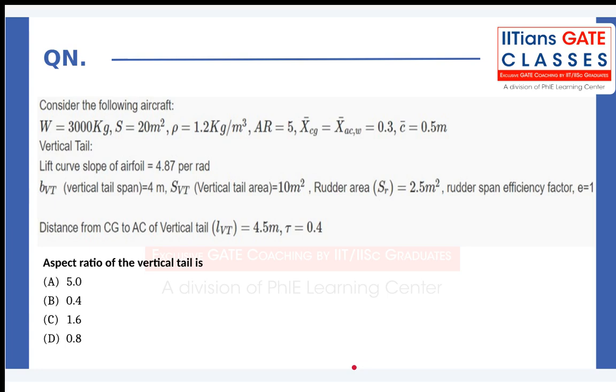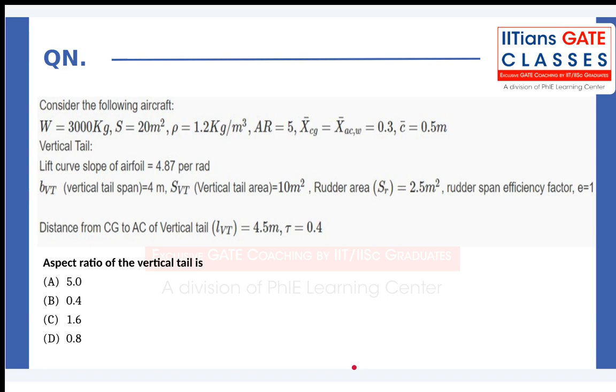Please be wary of the units. Then b of the vertical tail, span of the vertical tail, area, rudder efficiency factor is 1, and distance from CG to AC of the vertical tail, that is the moment arm, is 4.5 meter. Tau, control surface effectiveness parameter, in this case it will be the rudder. Effectiveness parameter of the rudder is 0.4, and they've asked you to find out the aspect ratio of the vertical tail. This is straightforward.